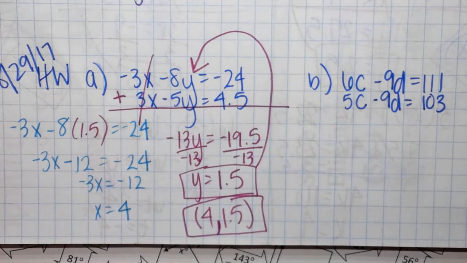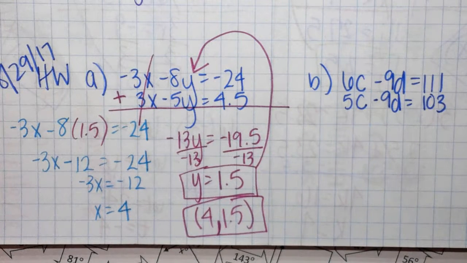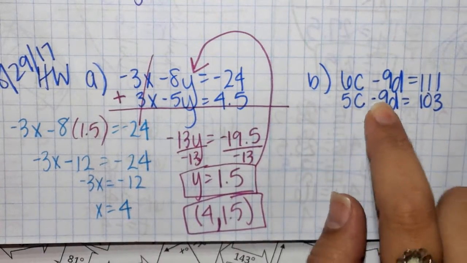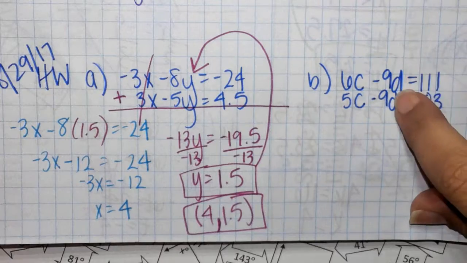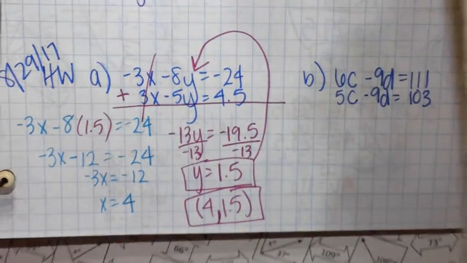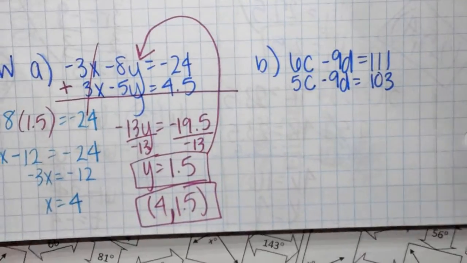Alright, now let's look at B. Do you think that we're going to eliminate C or D? Paris, what do you think? I think it's D as well, because these have the same coefficient, right? Take a point, Paris. These have the same coefficient.